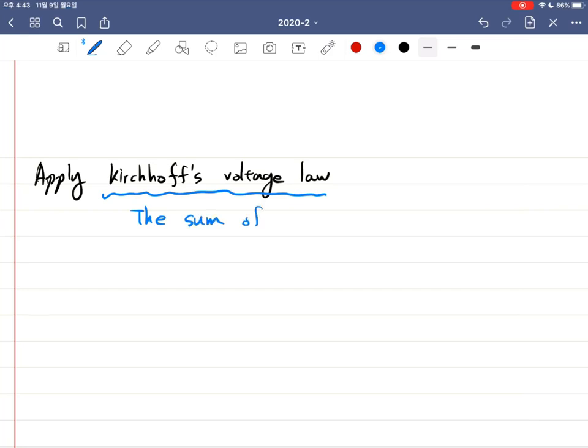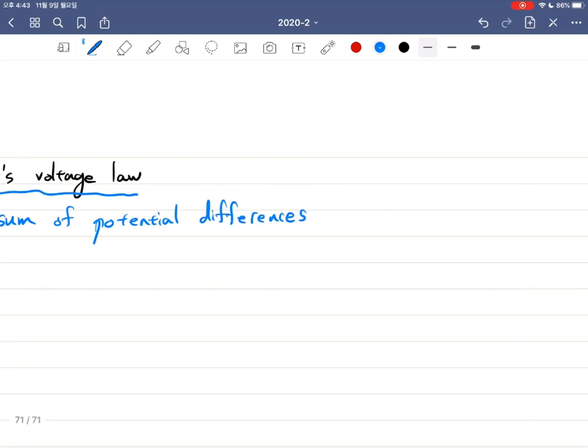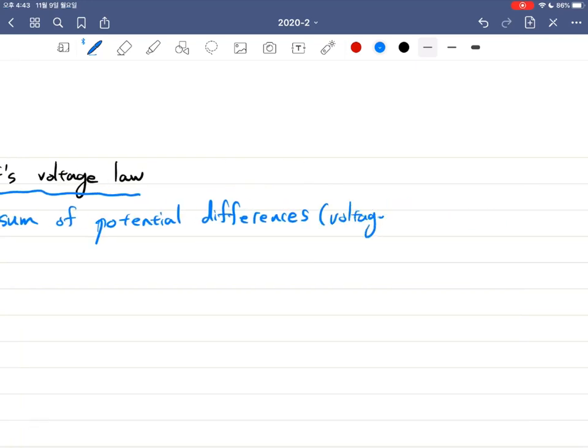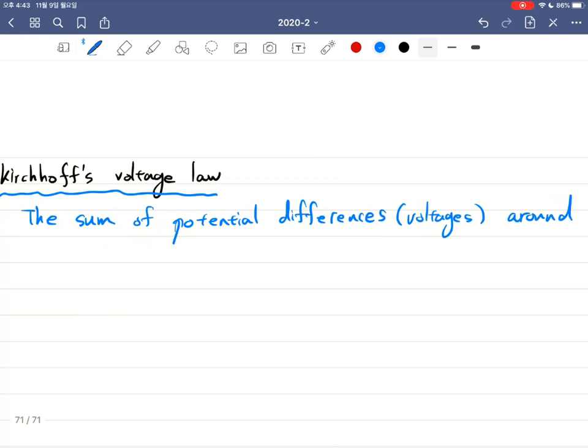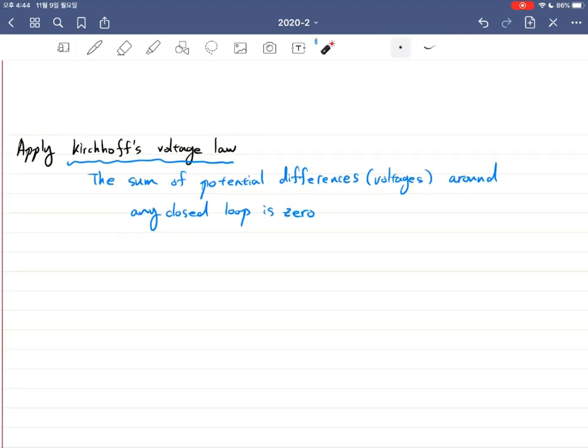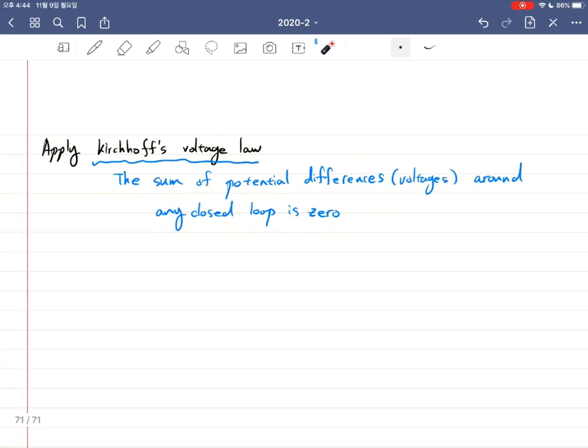The sum of potential differences, this is known as voltage, right, around any closed loop is 0. So if you have an RC circuit and if you define any closed loop, then the sum of that voltage will be 0. This is called Kirchhoff's voltage law.